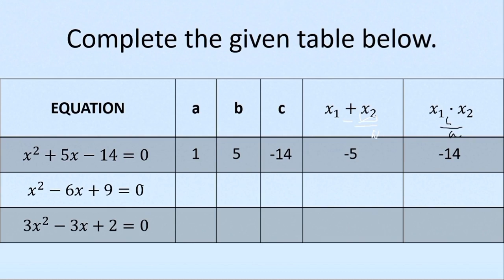Here, the values of a, b, and c are 1, negative 6, and 9. Sum of the roots, negative b over a, 6. Product of the roots, c over a, 9. Lastly, we have 3, negative 3, 2. Sum of the roots, 1. Product of the roots, 2/3.